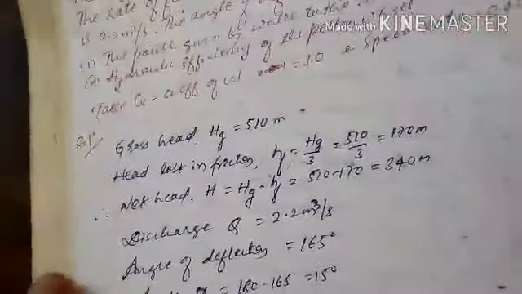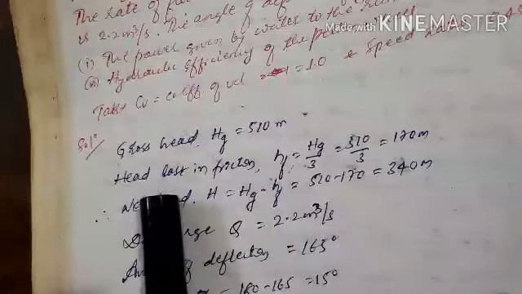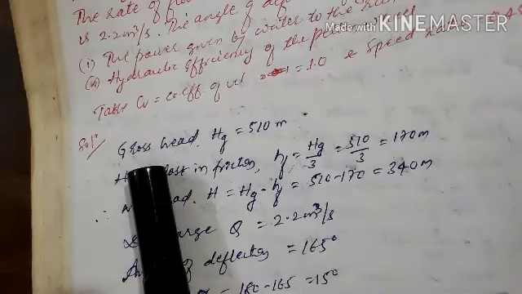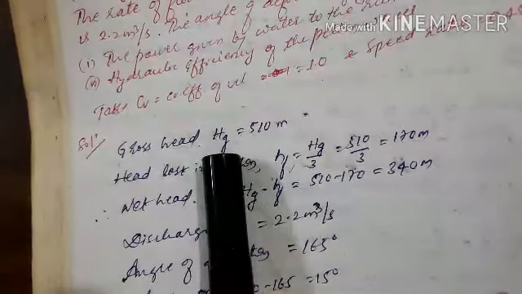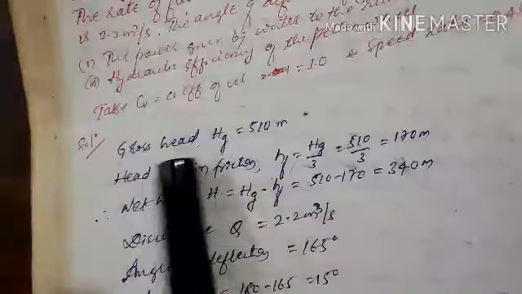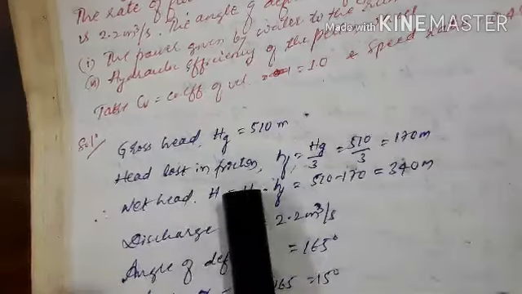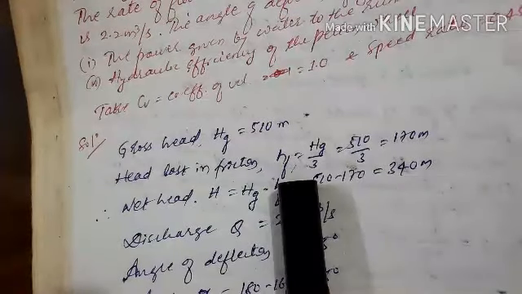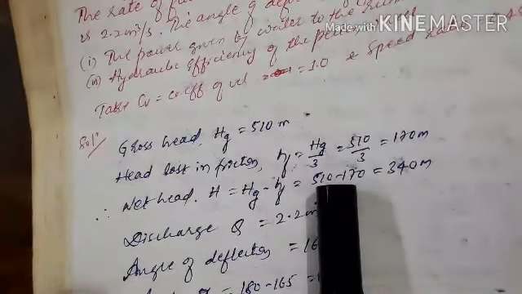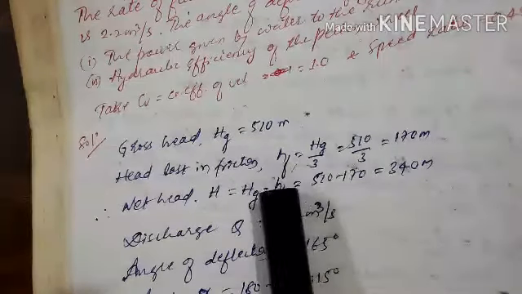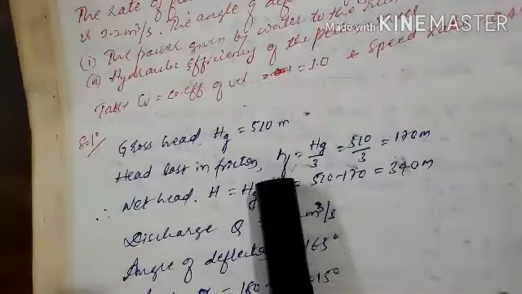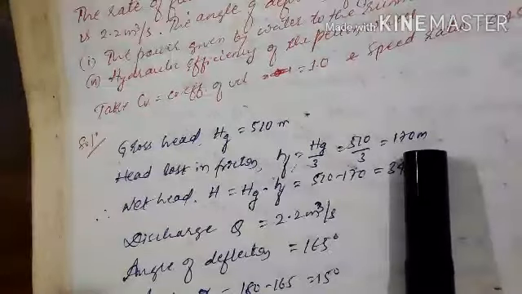Here, first we need to write the given data. The gross head of the Pelton wheel is given, that is 510 meter. Head lost in friction, HF, is one third of the gross head, that is 170 meter.